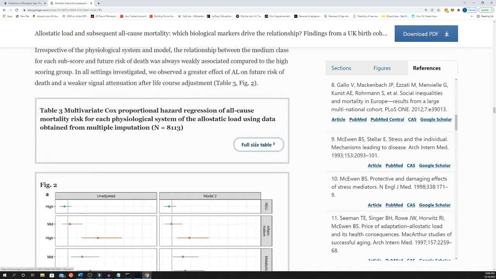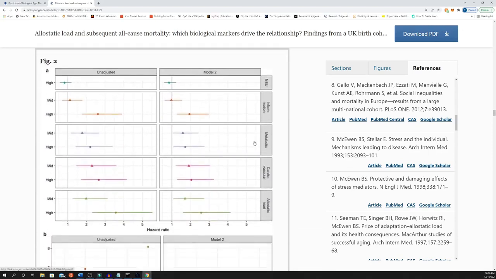I don't really know who my audience is going to be yet, so let me just describe what this is. This is a forest plot. The little icons here, the circles and triangles, represent the hazard ratio. If you drop down all the way to the bottom, you can see hazard ratio numbers. If something has a hazard ratio of 1, it has no effect on mortality.